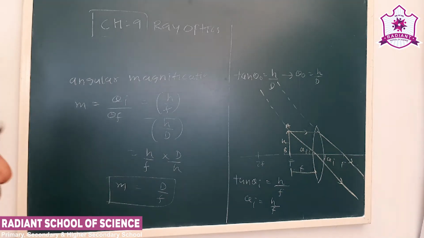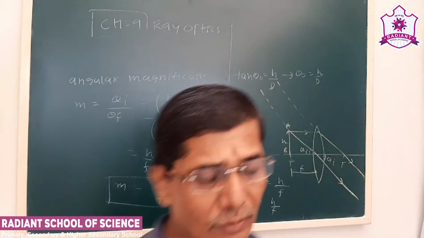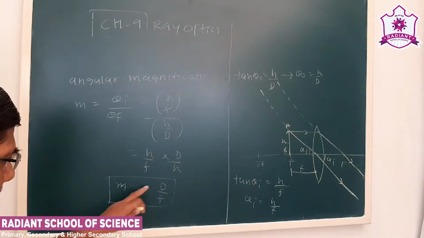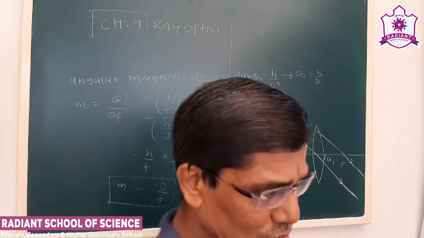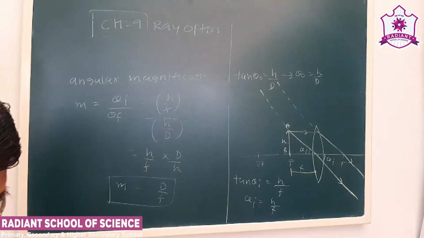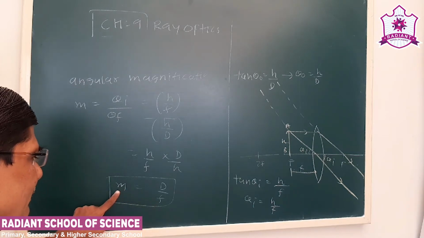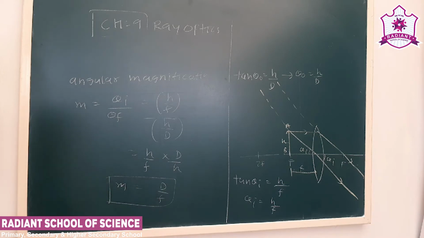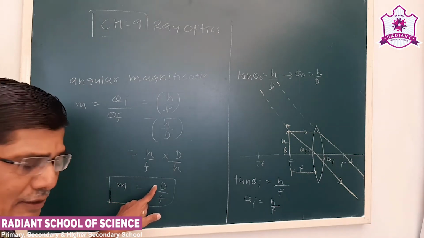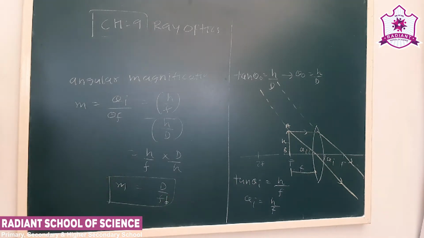Now, this is about simple microscope. Now, what are the limitations of the simple microscope? Now, see the magnification of simple microscope, we have seen m is equal to d upon f, where f is the focal length of the convex lens we use. Now see, to get larger magnification, we cannot change the near point, so we have to decrease the focal length of the lens.